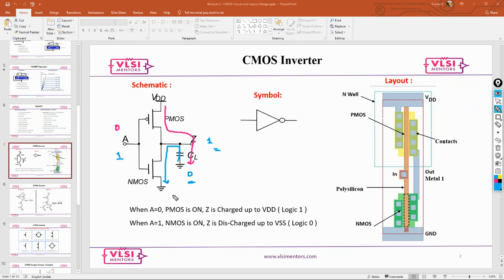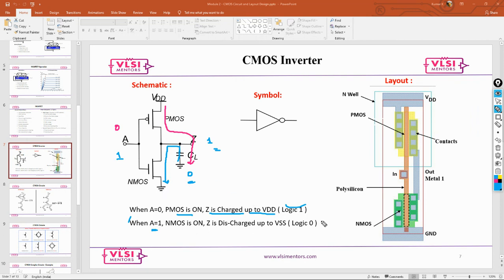When A is 0, PMOS is on, and output Z is charged up to VDD, which is known as logic 1. That's exactly what you're seeing here: you give 0 as an input and you get output 1. And when A equals 1, NMOS is on and Z is completely discharged to the VSS value.